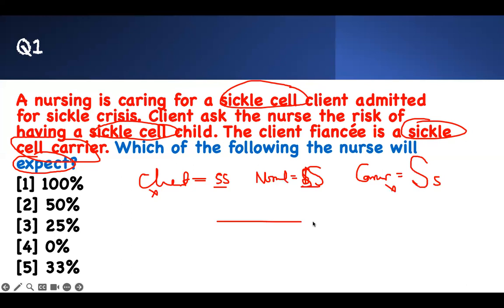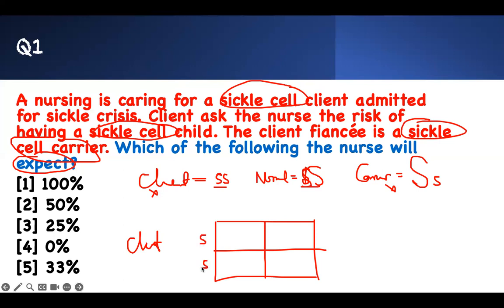So you do your Punnett square. Just draw a four square like that, because there are four genes, right? 1, 2, 3, 4. And you divide it into that. Put the client here, as what? Two small s. And then put the carrier, that's the spouse, one big S and one small s. And then let them cross each other. So this is what you have.